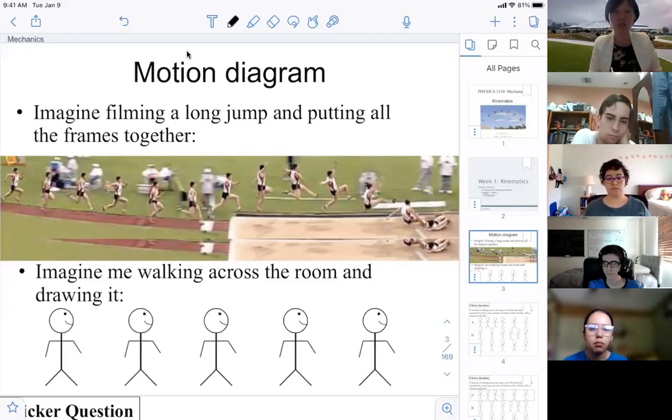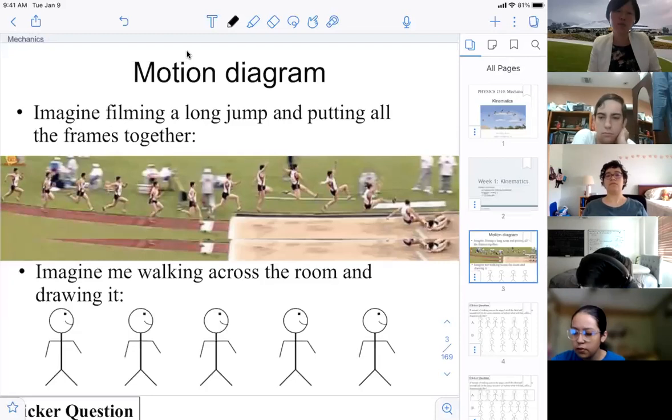We're simply drawing a picture with the location of the object at different times indicated. That's a motion diagram. Obviously, we will not be able to draw a very nice person with all the features, and in physics we simply put a little dot to represent the whole person.